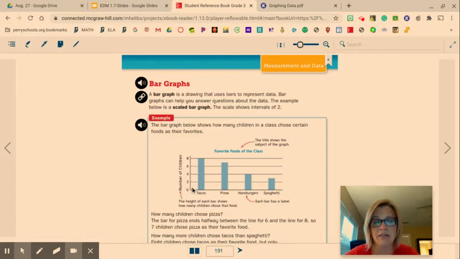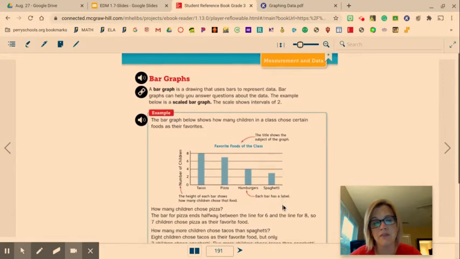This bar graph has a scale interval of 2, so each line is 2, 4, 6, and then 8. The bottom shows each of the items that you're measuring. So we're looking at tacos, pizza, hamburgers, and spaghetti as the labels.